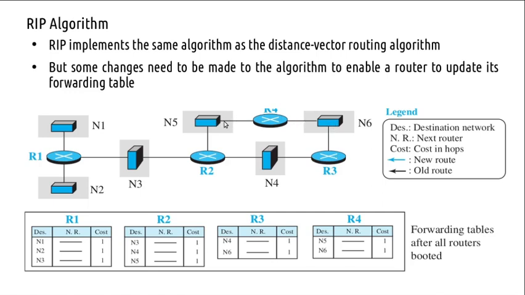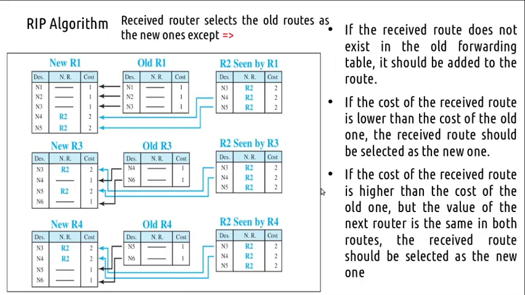So the cost is given as a higher cost than the earlier cost. When a higher cost comes up, it has to be updated because this link has failed. R2 is getting a better idea of this. That is why the third condition is imposed.